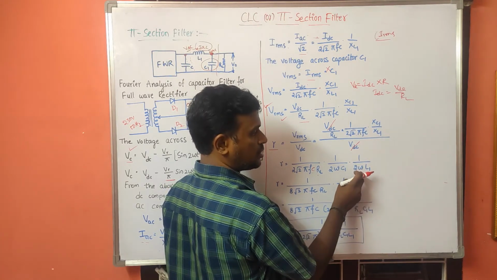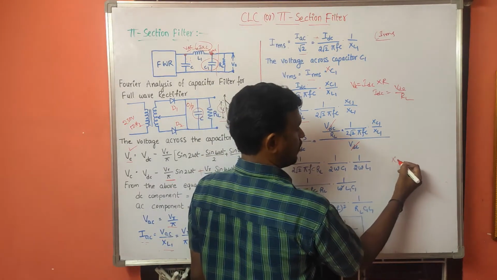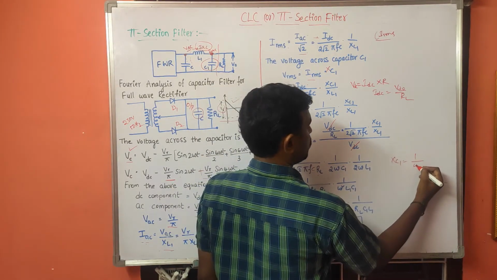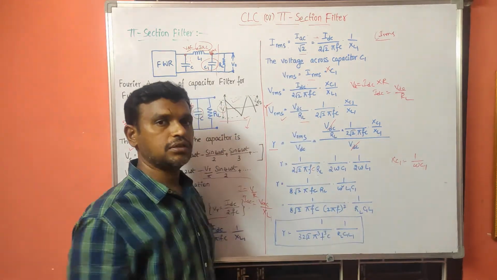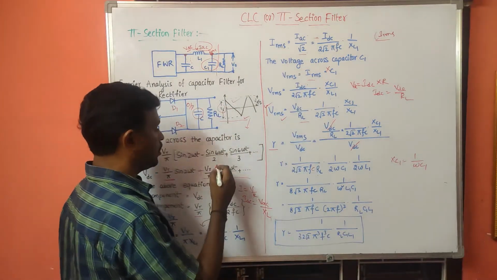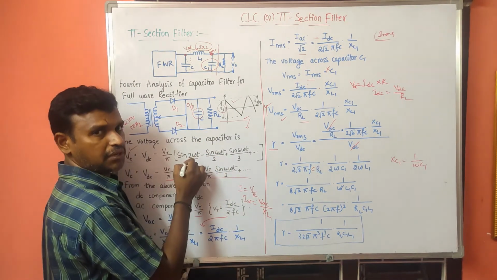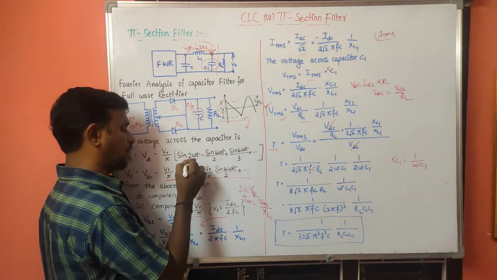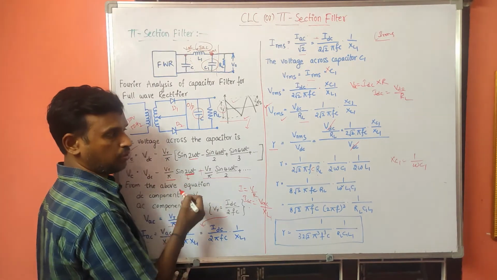And here we can write XC1 is nothing but 1 by omega C1 and XL1 is nothing but 2 omega L1. Here we have to consider 2 omega because in all our frequency terms, omega t is multiplied by 2 times, or we can say the AC component consists of the frequency term 2 omega t.